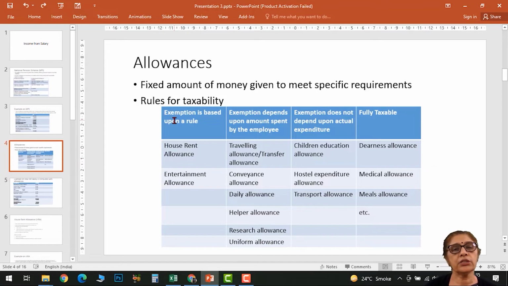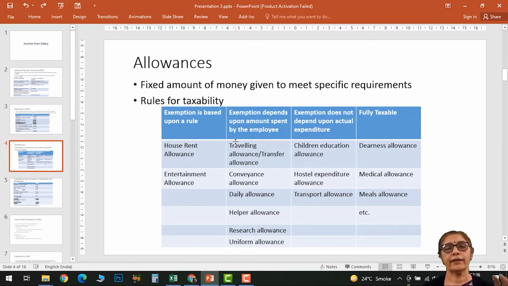One exemption is based upon a rule. We apply a provision: least of 1, 2, 3, as we have been doing earlier. There's a second set of allowances where exemption depends upon the amount spent by the employee. If I get 10,000, I've spent 8,000, exemption would be 8,000, taxable would be 2,000. But the amount spent should be for official use.